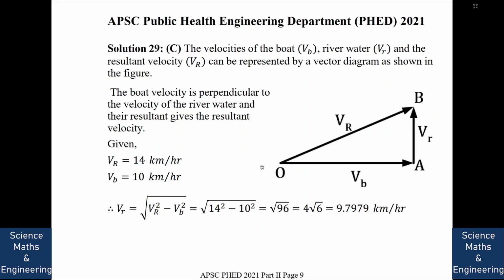Now the resultant velocity is capital R. From the law of triangle of forces, Vr is equal to the square root of the resultant velocity squared minus the boat velocity squared, which is equal to 9.79 km per hour. So we'll go to the next question.